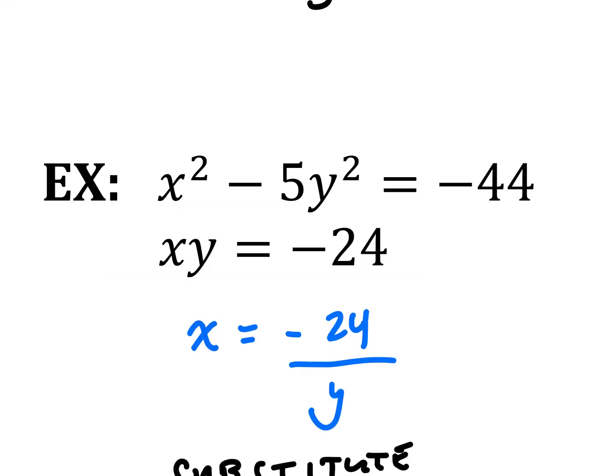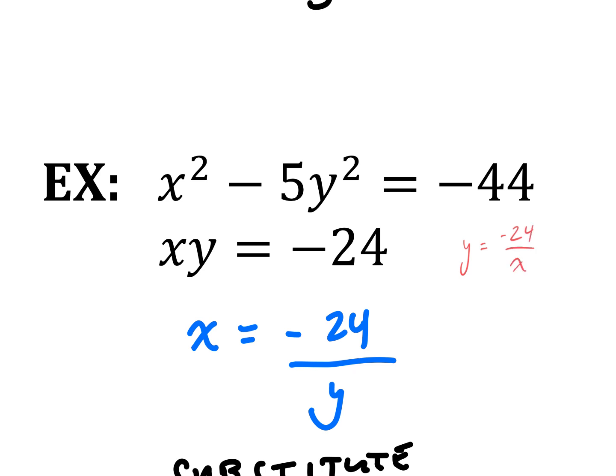Okay, can we identify what two types of equations we're dealing with? If I take a look at this first one, remember we first start looking at our quadratic coefficients. I notice the signs are opposite. That right there tells us it's got to be a hyperbola. Now this one we may not recognize in this format, but what if I rewrote it as x equals negative 24y, or we could have also thought about it as y equals negative 24 over x.